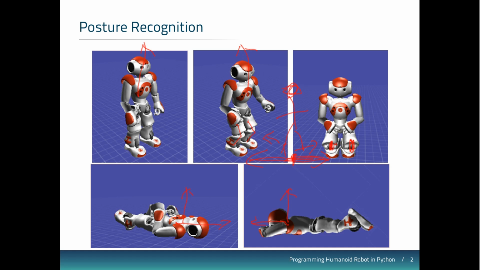And then the next question is, what about this threshold? How much difference is accepted? And so on. As you see, we already got many questions. And last but not least, we may have more than 5 different postures.